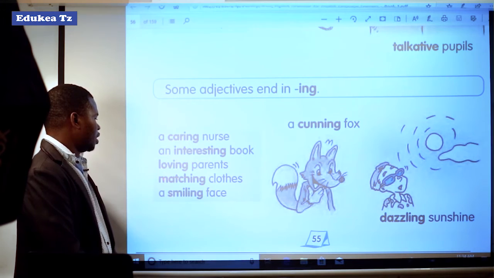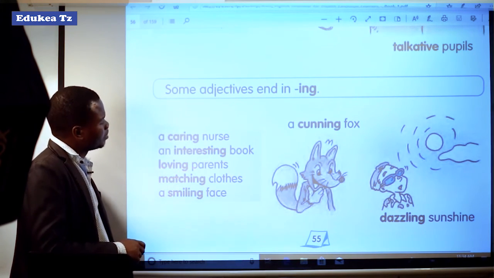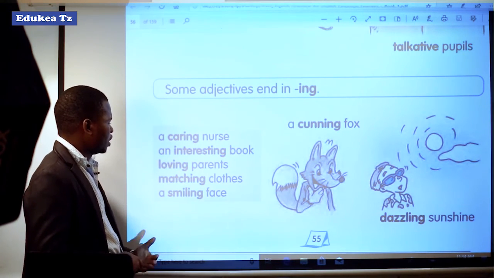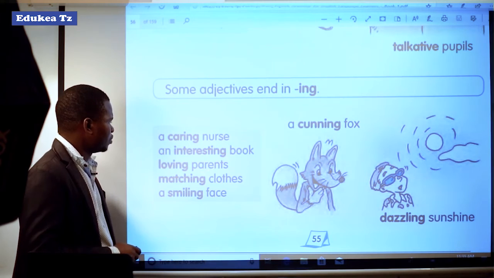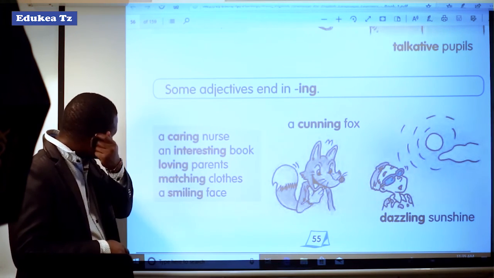That's why we say loving parents. So this loving describes how these parents are. They are lovers. That's why we say a loving parent. An interesting book, a caring person, a cunning fox.